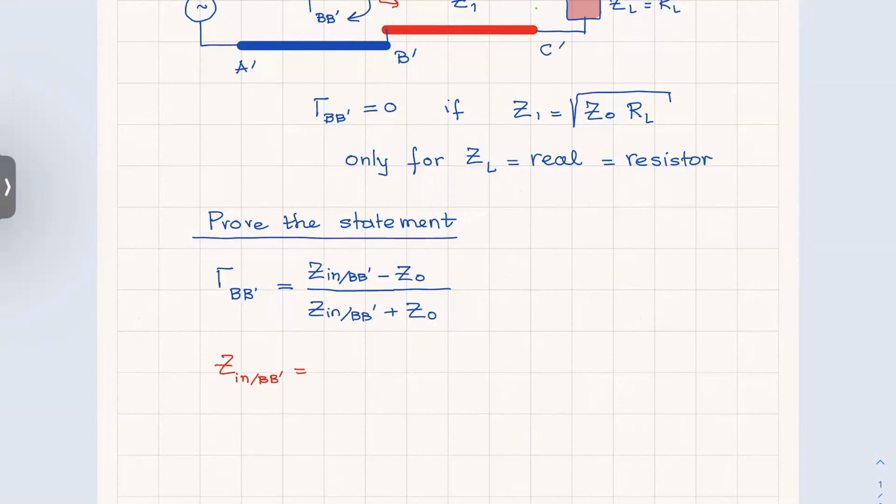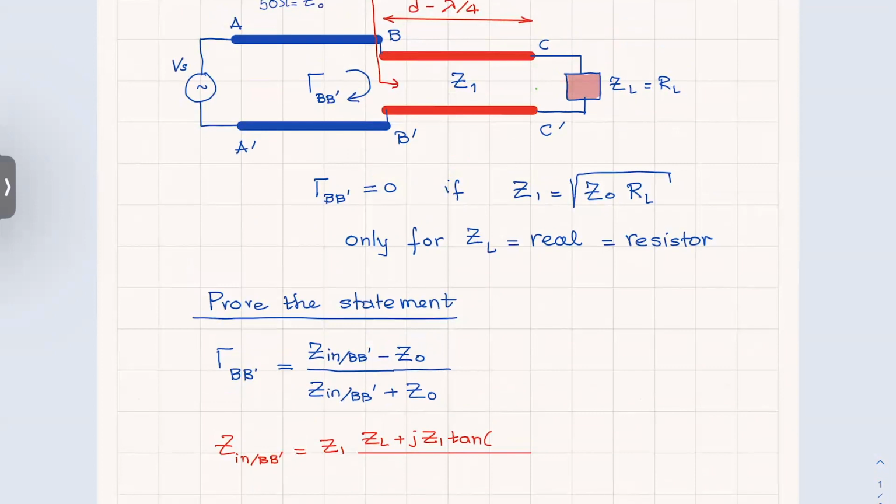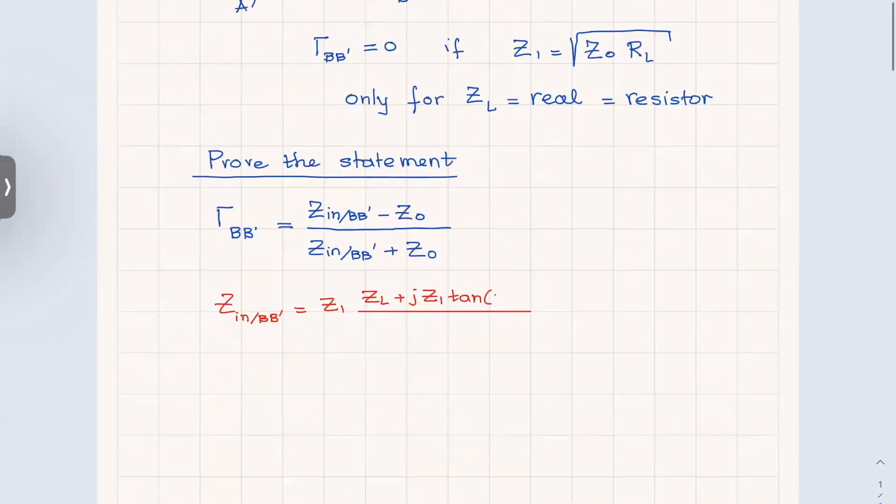Since I'm in the red line, I'm going to use Z1, according to the expression we have. And then we have ZL plus j Z1 tangent beta D, where D is the quarter wavelength, over Z1 plus j ZL tangent beta D.